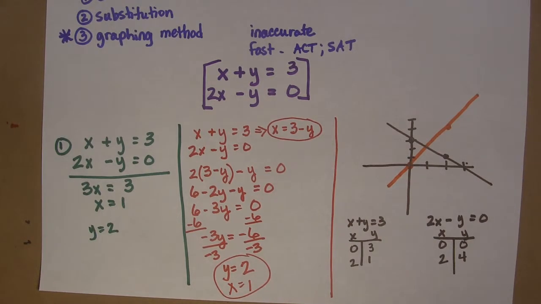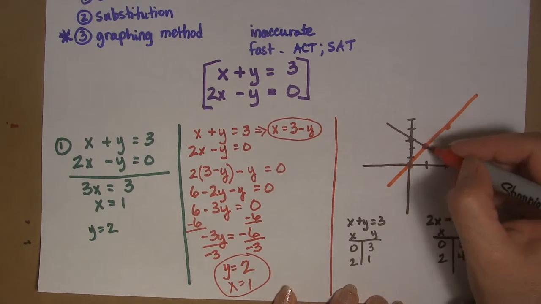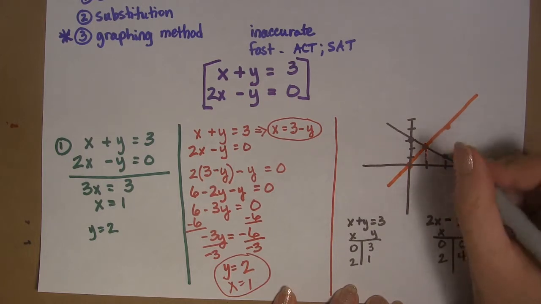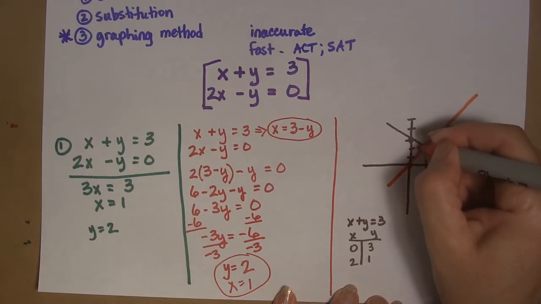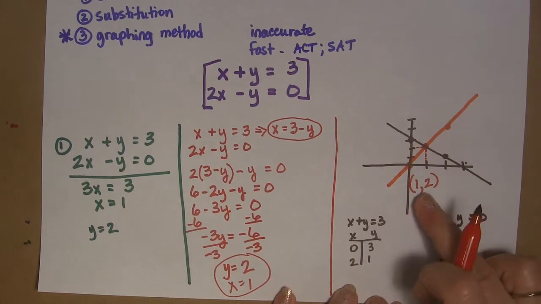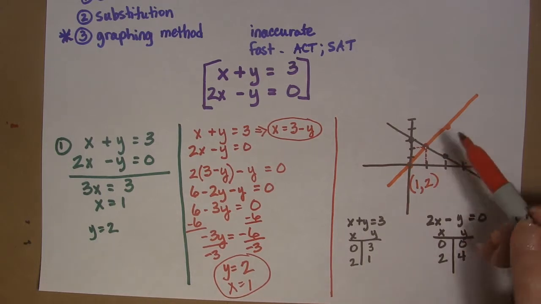What I am looking for is my point of intersection, and I want to know what this equals. I draw a line down here, and it looks like my x is about 1. I draw a line over here, and it looks like my y is about 2. So I'm going to say that point 1, 2 is the solution to both of these equations.